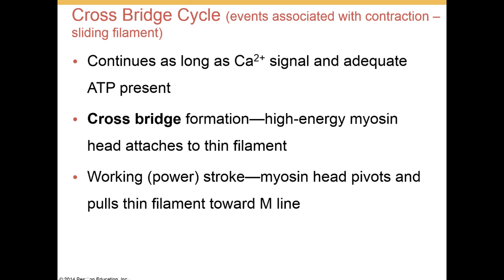One essential ingredient of this contraction cycle or cross bridge cycle is the formation of the cross bridges, where the myosin heads that have been activated by ATP attach to the thin filament. Once they attach, the myosin heads are going to pivot, and that will pull or push the thin filament towards the center of the sarcomere, towards that M line.